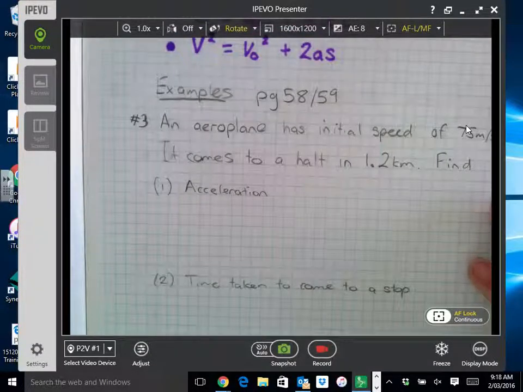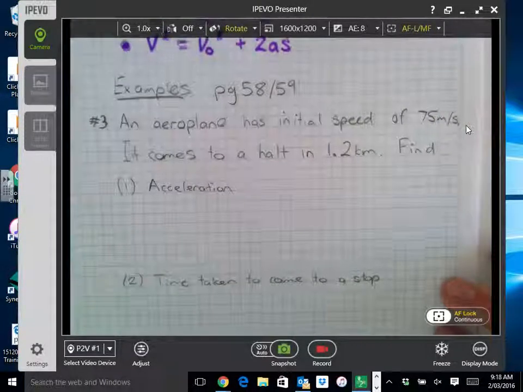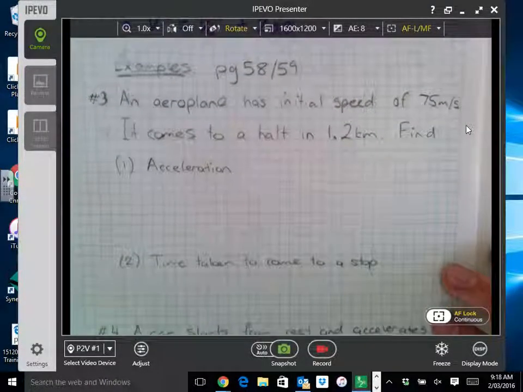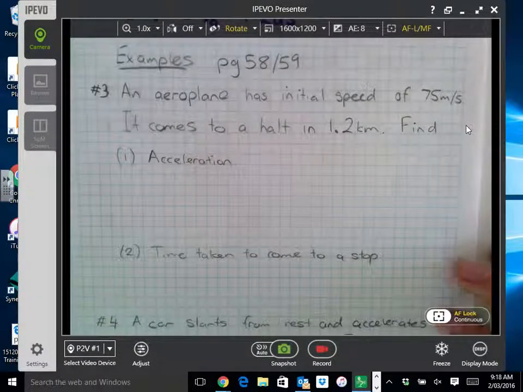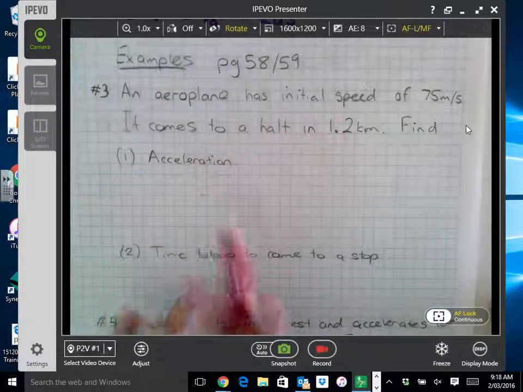Okay, so let's mine this question for initial information. Any more questions before we go? No? Okay, let's go through this first one. This is example 3 on page 58. I've condensed it down a bit. An airplane has an initial speed of 75 meters per second. It comes to a halt in 1.2 kilometers. Before we even look at what we're going to ask, let's write down what we know.